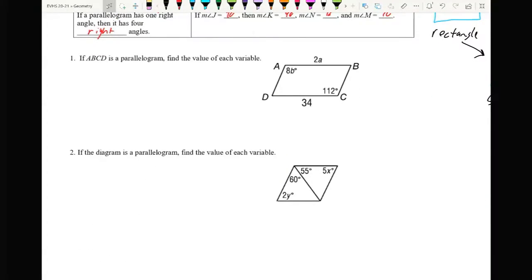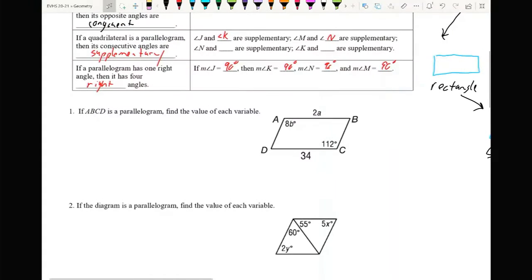All right, let's see what we can do with number 1. It tells me ABCD is a parallelogram. Find the value for each variable. Well, I've got my A right here, and I know that opposite sides are congruent, so I know that 2A is congruent to 34. So 2A equals 34.